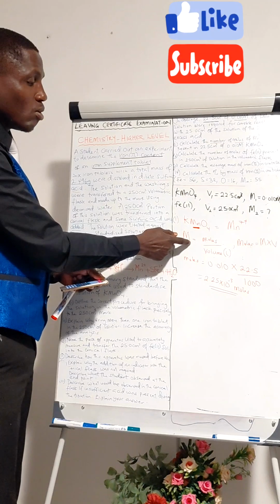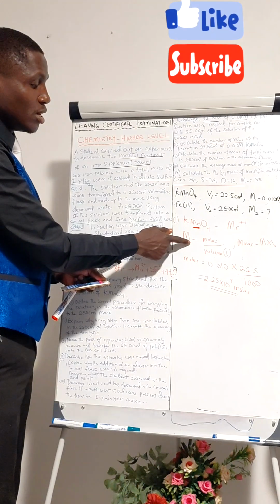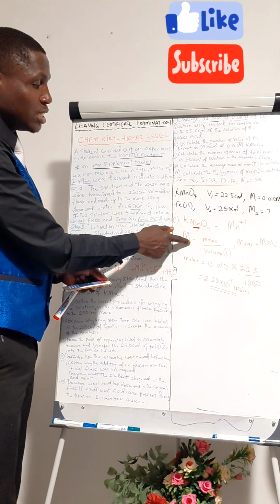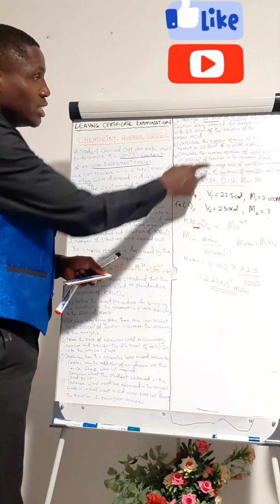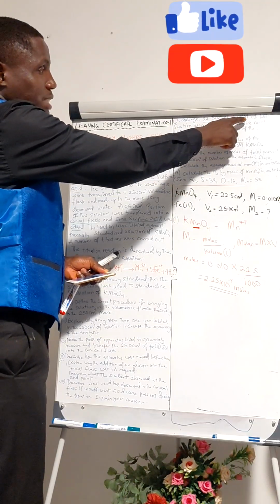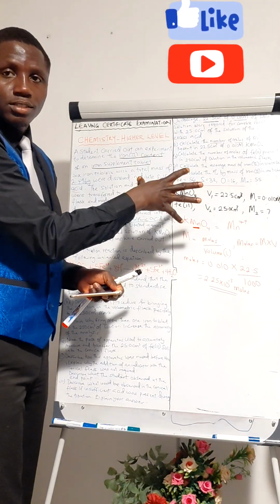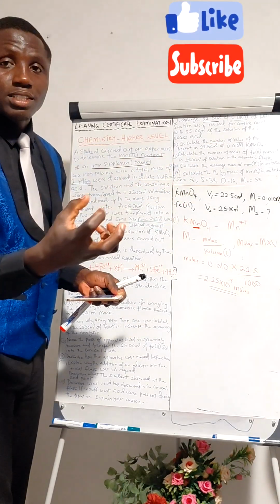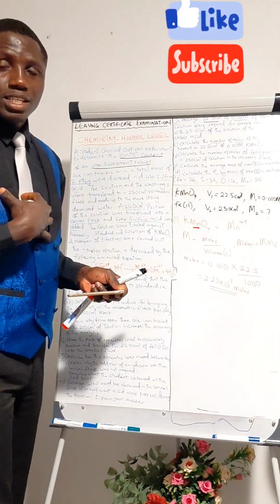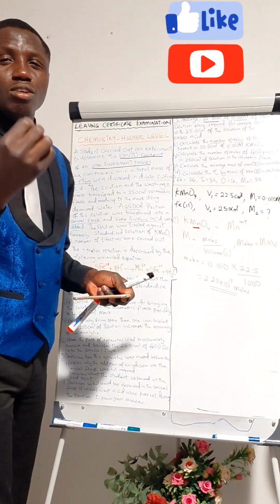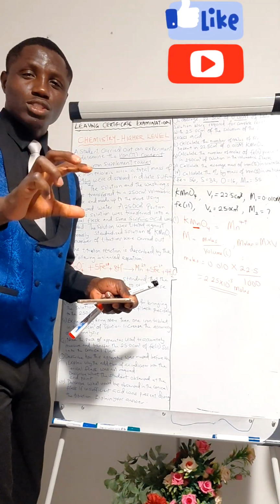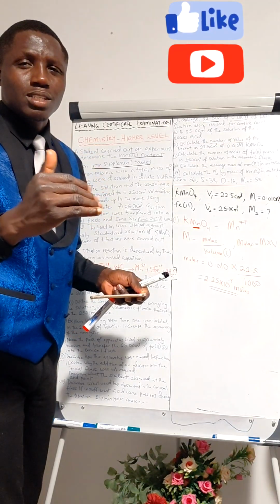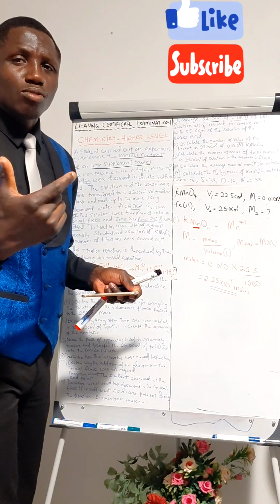The concentration for Mn7 is easy to calculate because it has been given right from the question. But that of iron 2 is yet to be found out. So it is our responsibility to get the concentration of the ion, and then from the concentration we get the number of moles of iron.